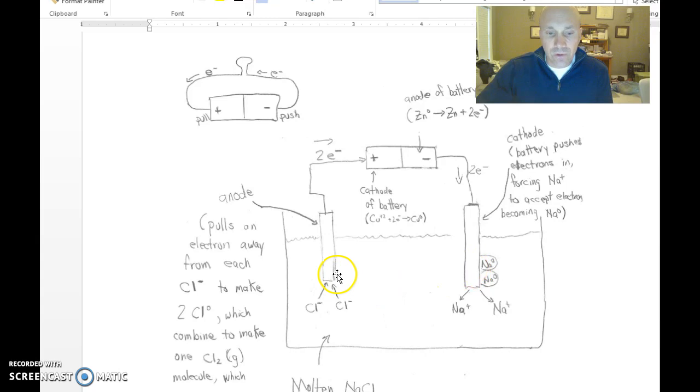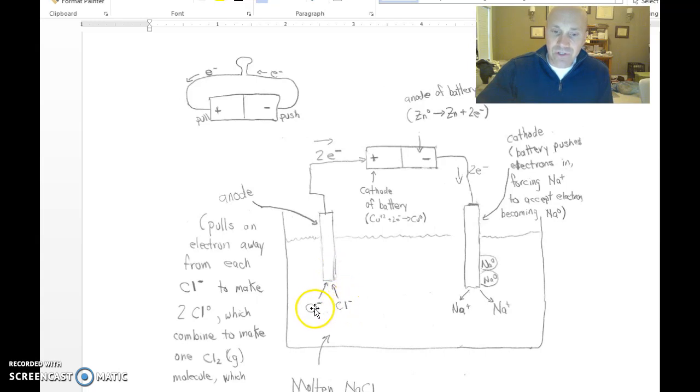So on the other side here, we've got chloride ions, which are going to be attracted to this slightly positively charged electrode. The reason it's slightly positively charged is it's got electrons that want to get pulled from it. And once the chloride ions are near this electrode, it's capable of accepting electrons from the chlorine.